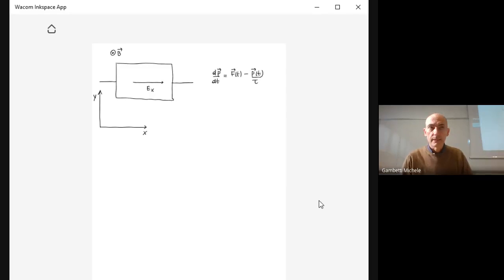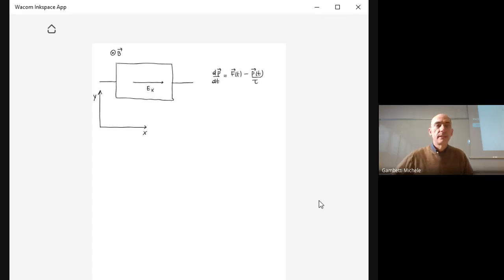So we expect that if everything is correct and the electrons are actually carrying the current, then EY will be directed in the negative direction of the y-axis.